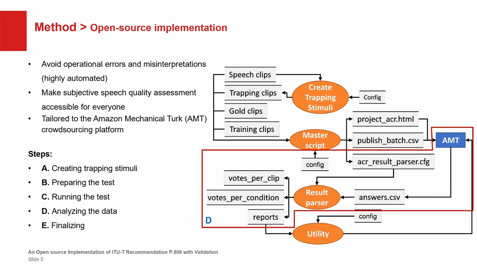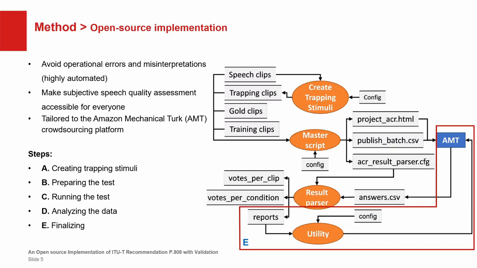It first screens the submissions based on answers to the trapping and gold clips, the environment and hearing tests, variances in the ratings, and other filters. It marks submissions either to be accepted or rejected, and aggregates the reliable votes per file and per test condition. It also calculates basic statistics including the mean values, standard deviation, and 95% confidence interval.